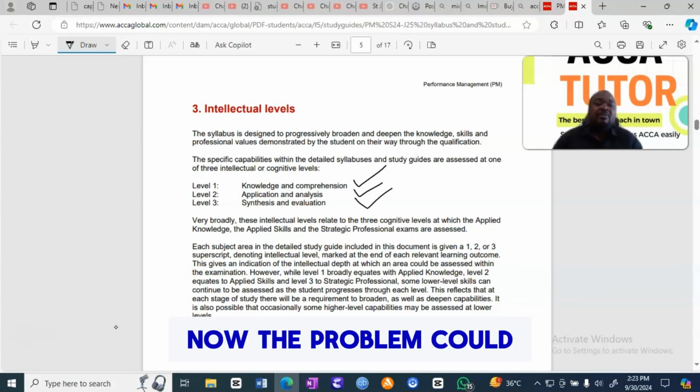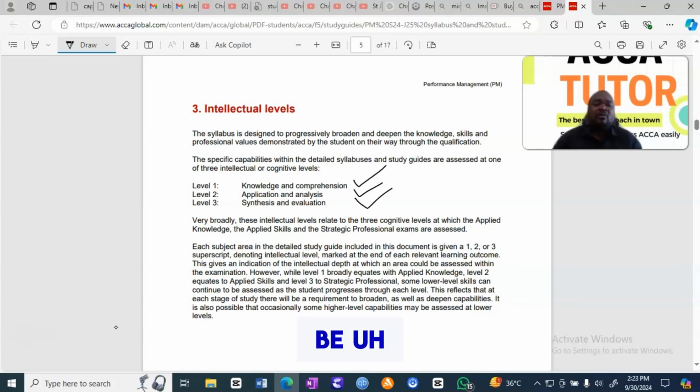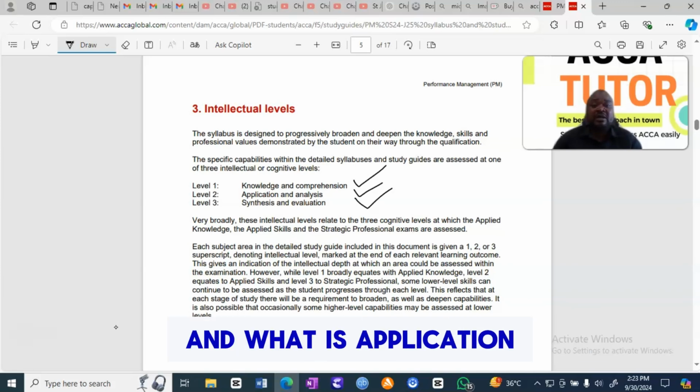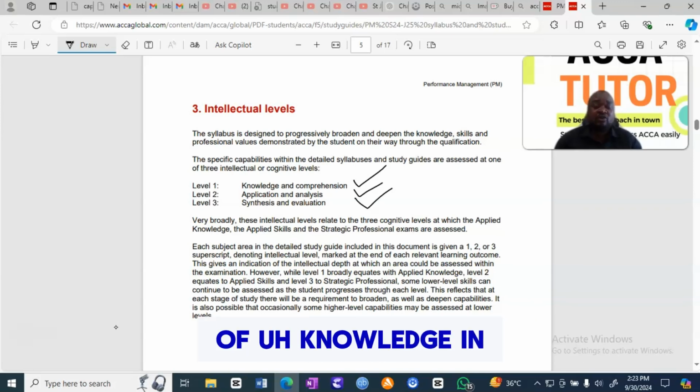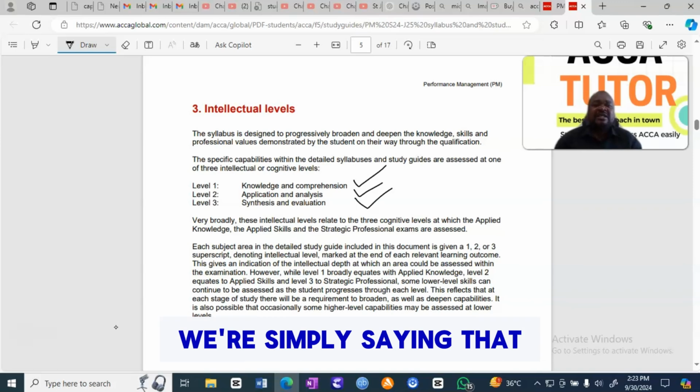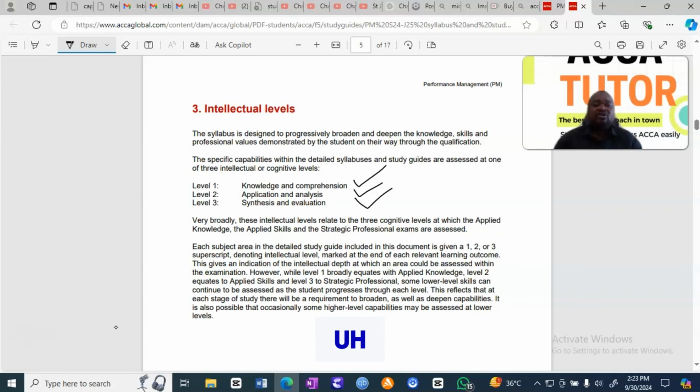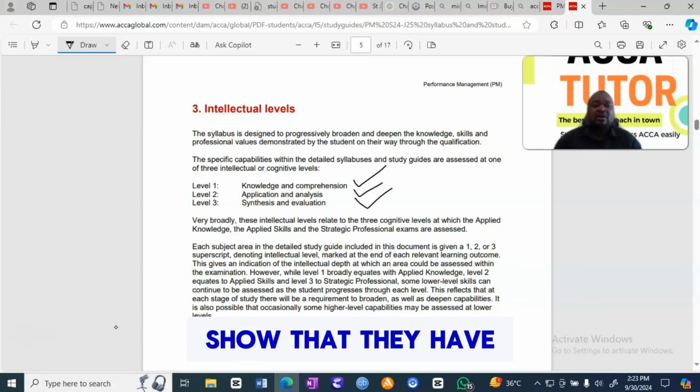Now, the problem could be what is knowledge and comprehension and what is application and analysis and so forth. Now, when you talk of knowledge and comprehension, we are simply saying that at this level, students are expected to show that they have read every facet of the syllabus.